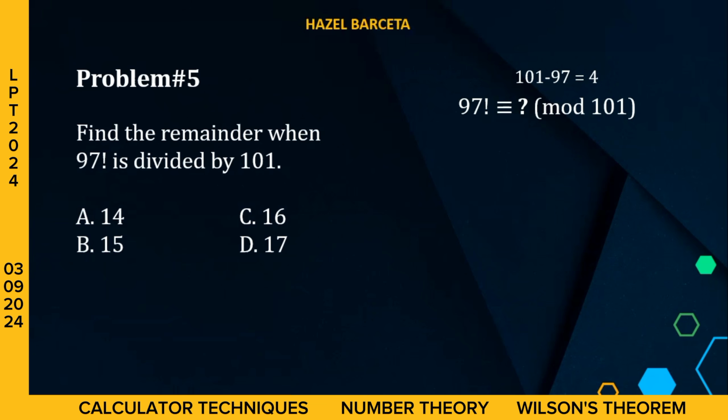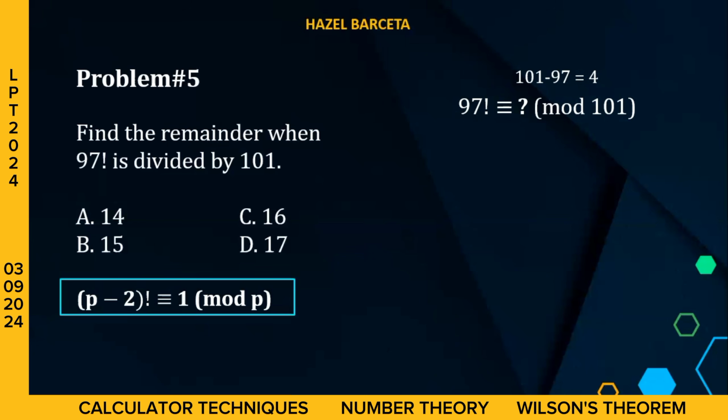Pwede po tayong mamili from case 1 to case 3 kung ano po ang ating i-apply. So, ang gagamitin po natin ay case 2 dahil positive ang kanyang remainder. So, balikan po natin. And this is our formula.